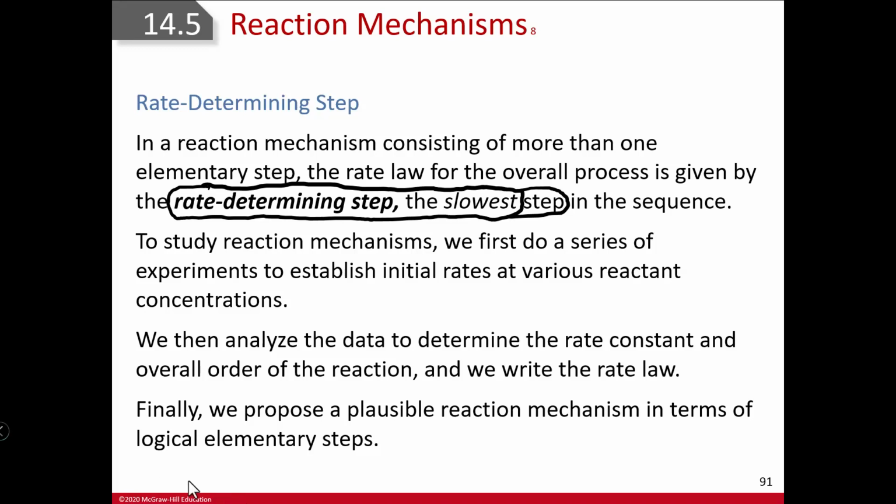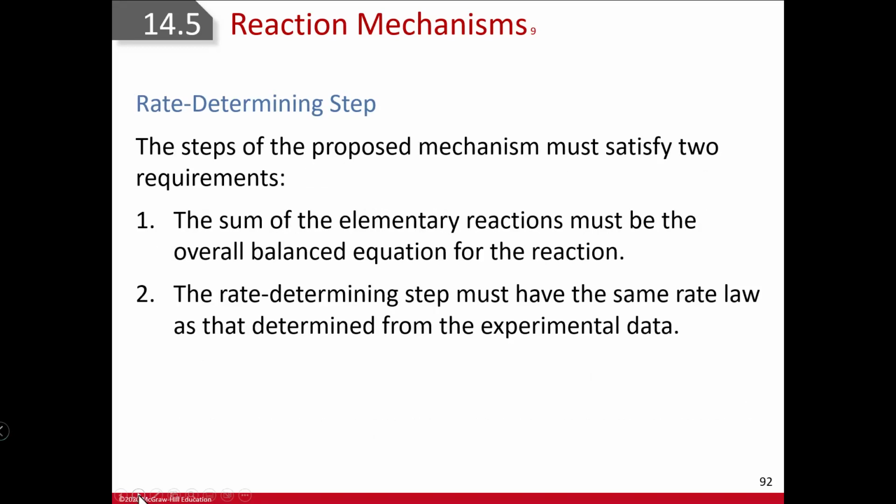You say, well, how am I supposed to use this? Well, here's the rules. The steps of a proposed mechanism must satisfy these two requirements. The sum of the elementary reactions must be the overall balanced equation for the reaction. So when you add up all the elementary steps, it has to equal the overall reaction that is balanced.